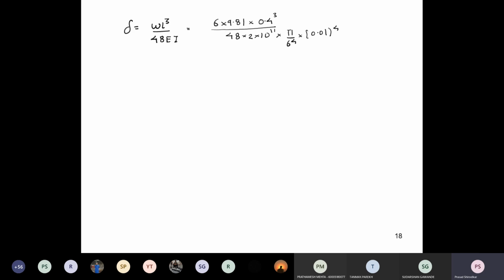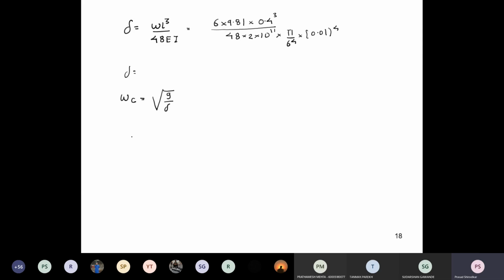So this will give you the static deflection. Calculate this value. Using static deflection, calculate the critical speed, that is equal to the square root of g by delta.